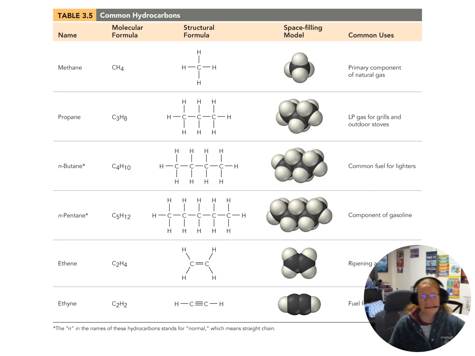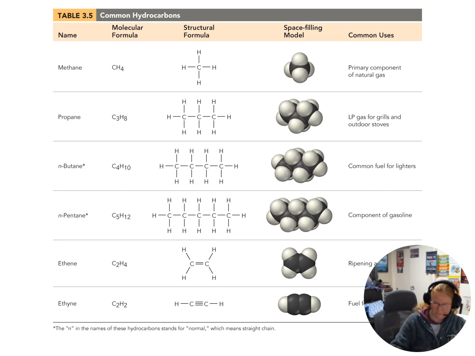Okay, and so here are a few different hydrocarbons: methane, propane, butane. The beginning of the name has to do with how many carbons. So if you see here, I don't have ethane, but I have ethene and ethyne. Ethane would be the one with a single bond.